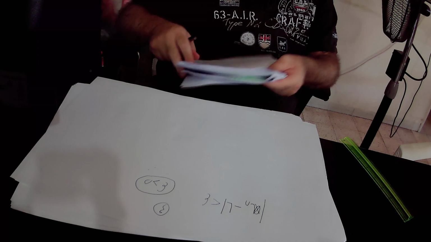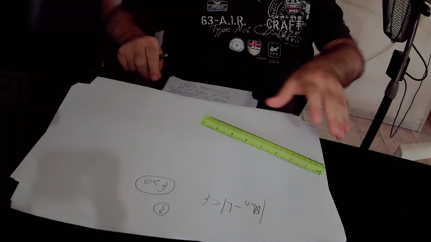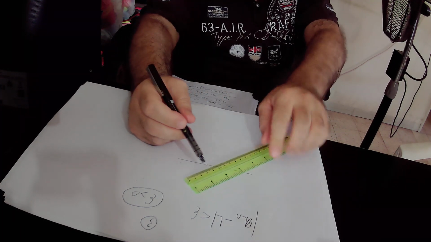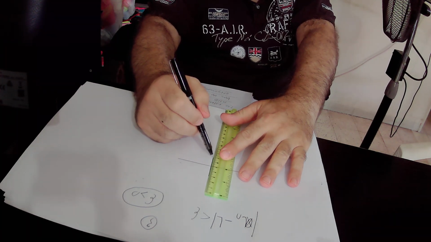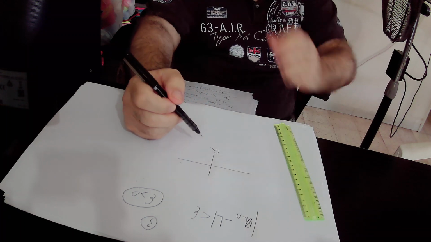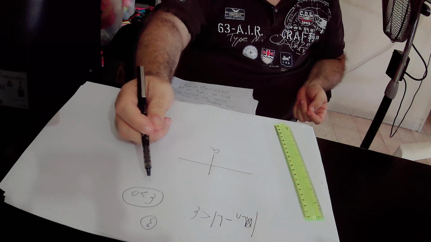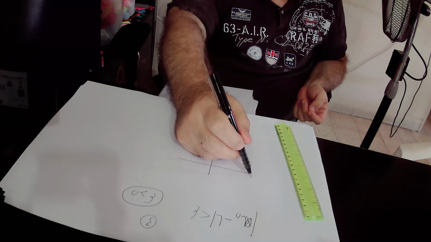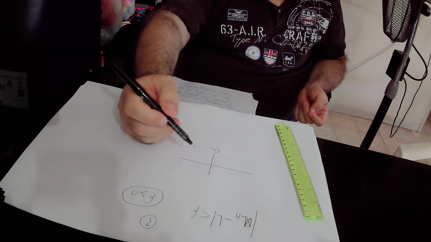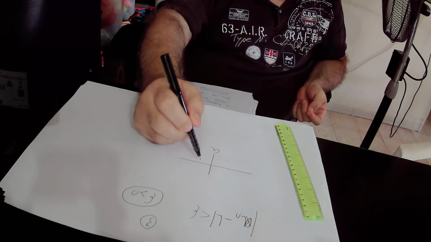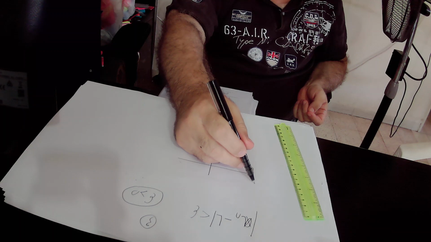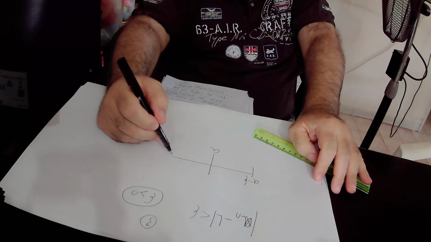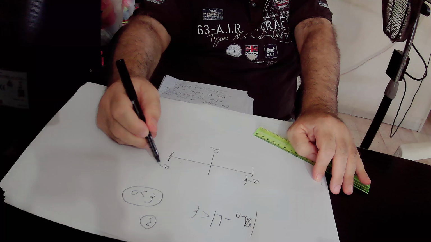So actually, I'll repeat again that if A is the limit of the sequence, and the radius of the environment is epsilon, then the environment of A actually will be the interval from A minus epsilon to A plus epsilon.